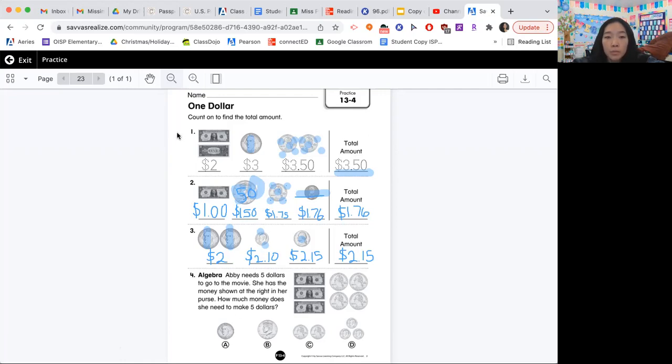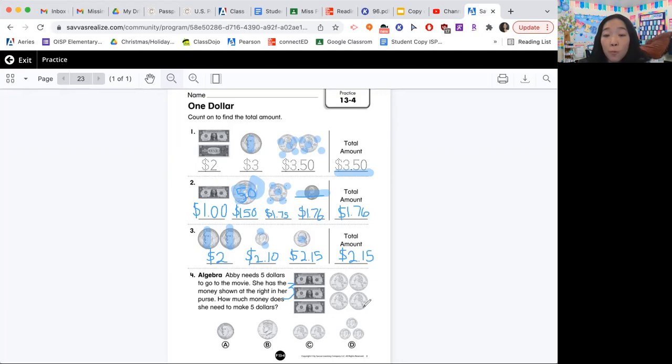So she has $1, $2, $3 bills. So she has $3 plus, so I'm going to write 3 here. She has 4 quarters.